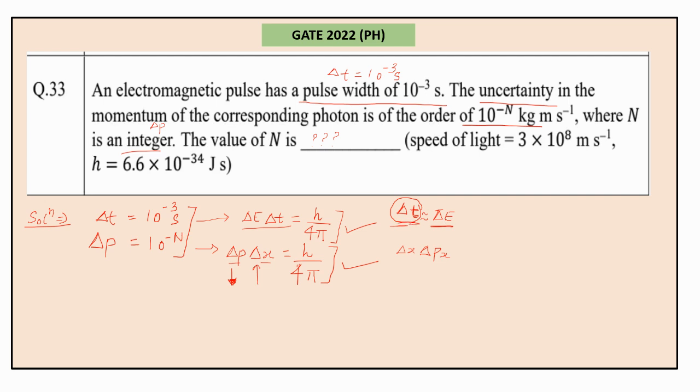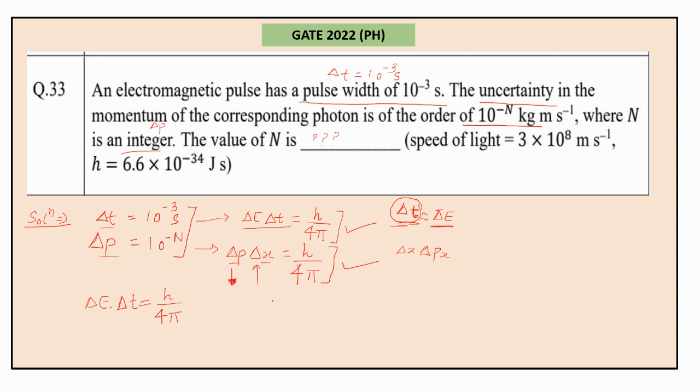So coming back to the question, we are given delta t and delta p. How will you do it? You'll write this formula, delta E into delta t is equal to h upon 4 pi.